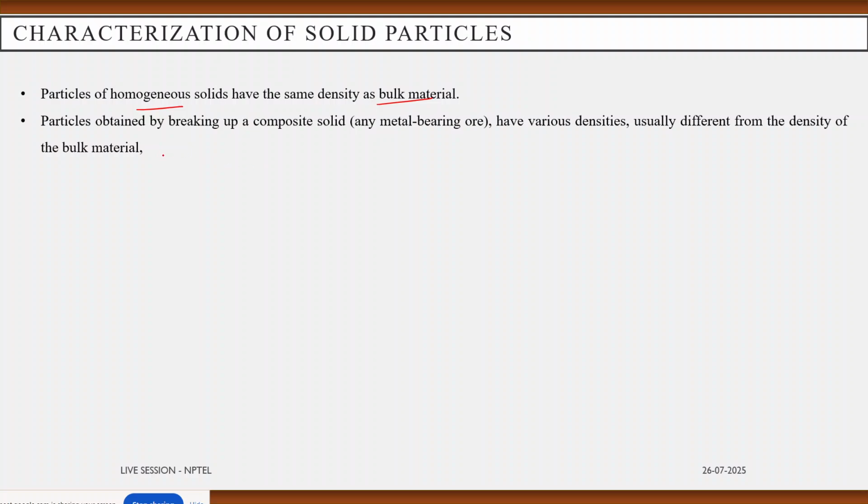When we handle bulk material in the plant, suppose we are conveying through a conveying belt, the solids are conveyed over a long distance to reach a particular processing equipment in the process plant.